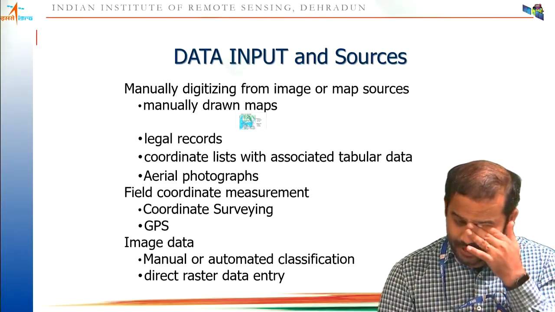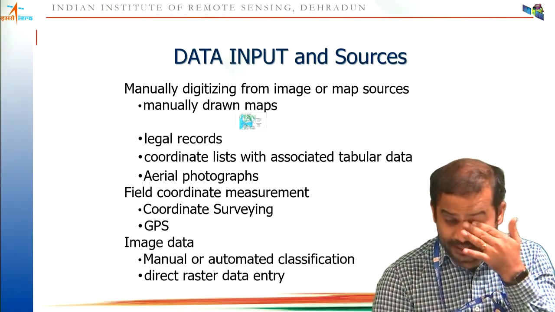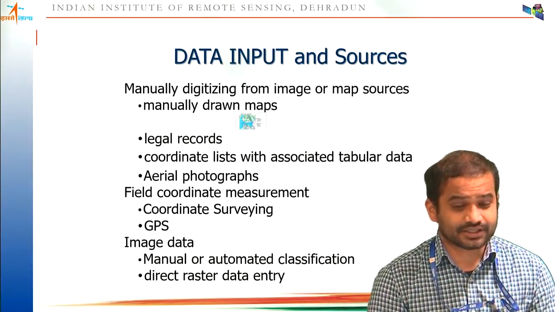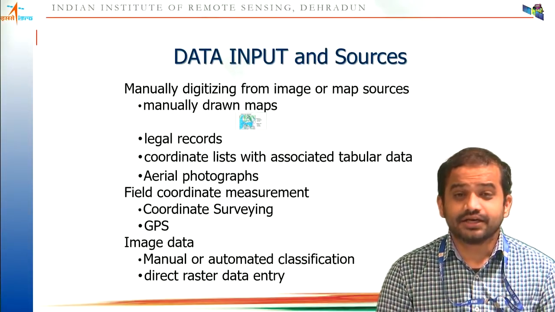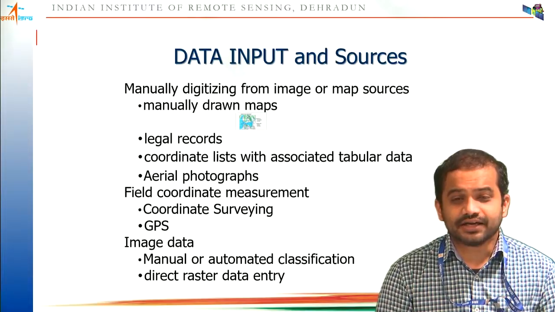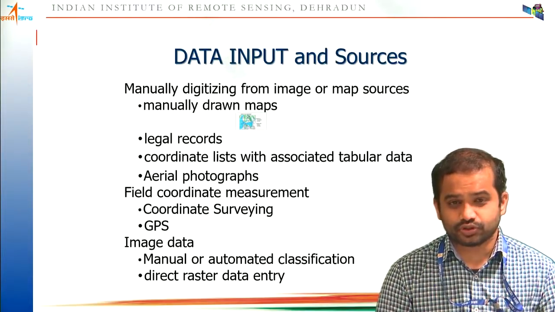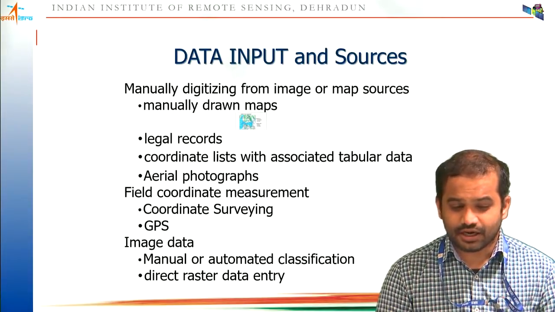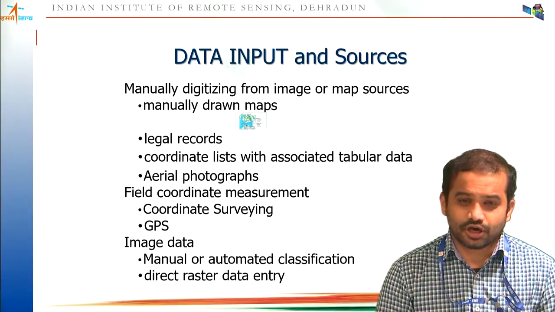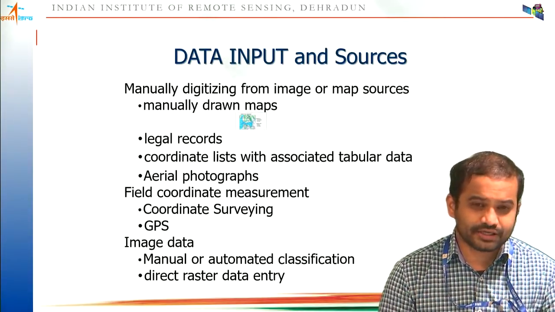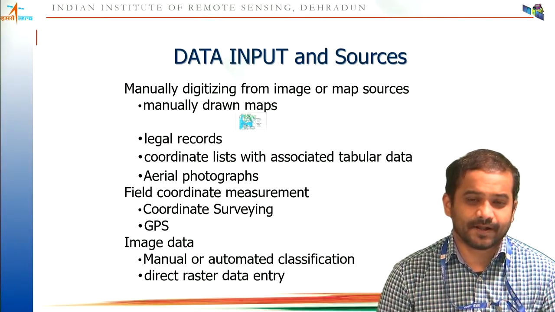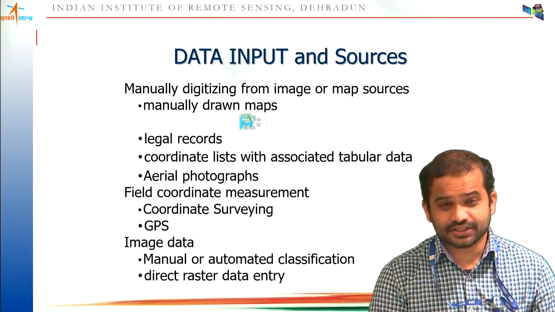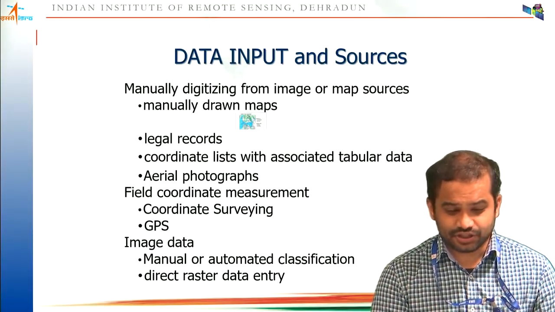The second way can be that you have direct coordinate measurements from the field, and these coordinates come either in digital or non-digital form. So you directly have coordinate surveying. Coordinate surveying is where you use a total station, or a theodolite, or leveling instruments to calculate the heights and the XY, and that is recorded.